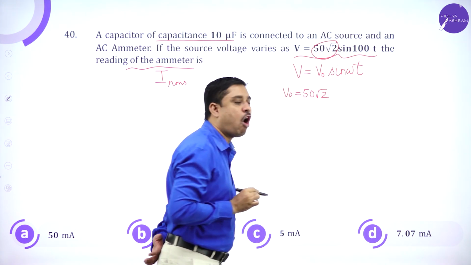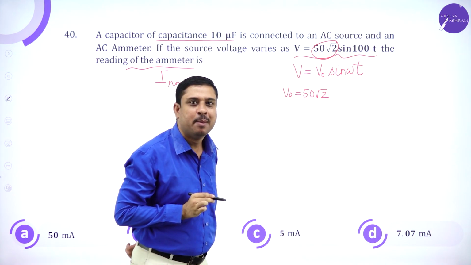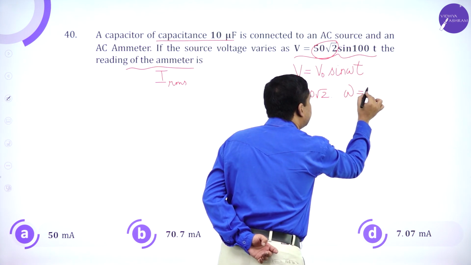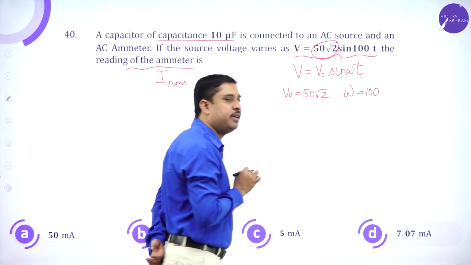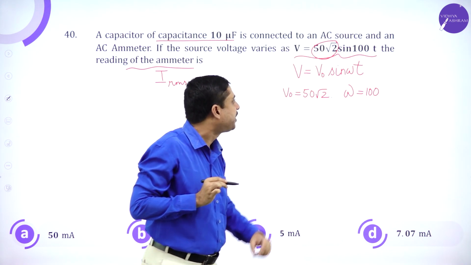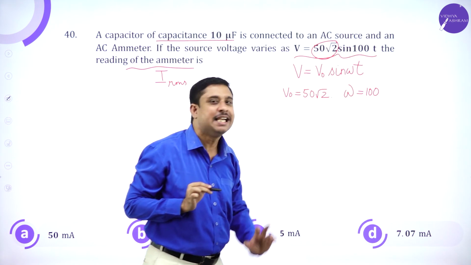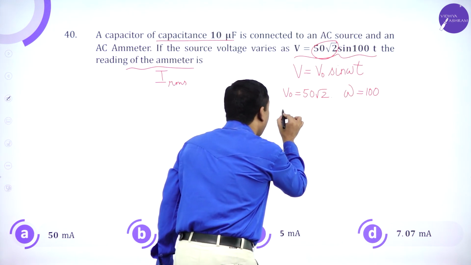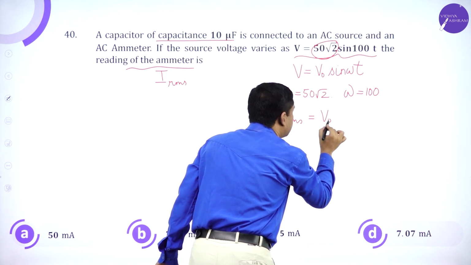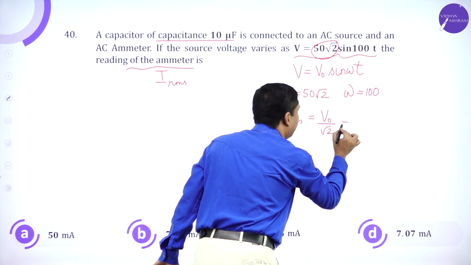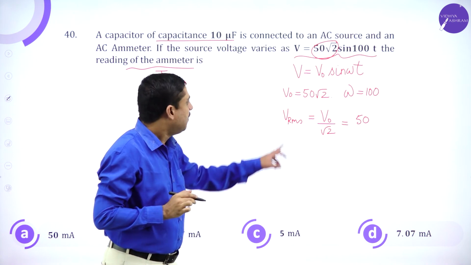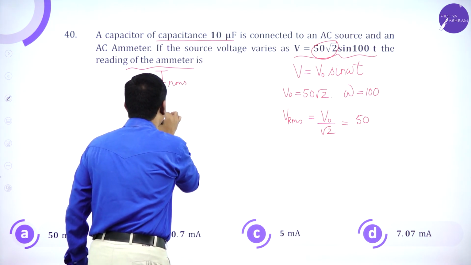V naught is the maximum value, the peak value, and omega is 100. So what is VRMS now? VRMS is V naught by root 2, which is 50. With this, I calculate XC.